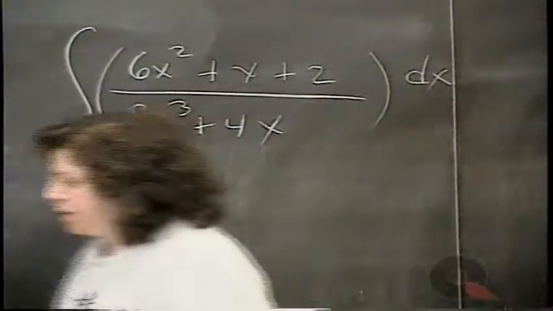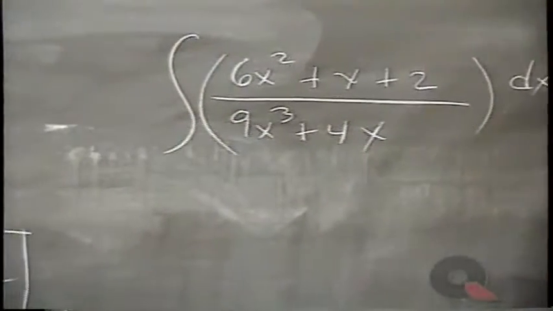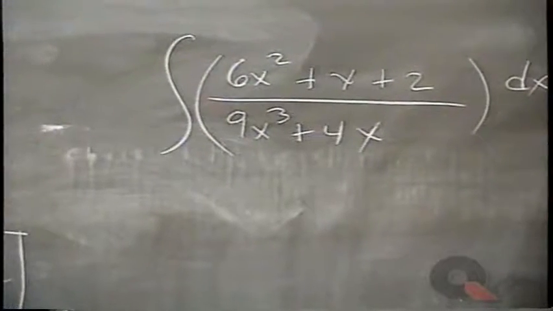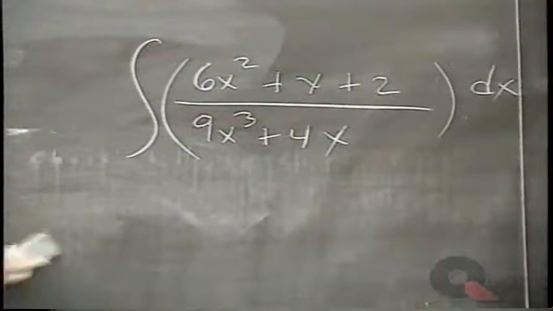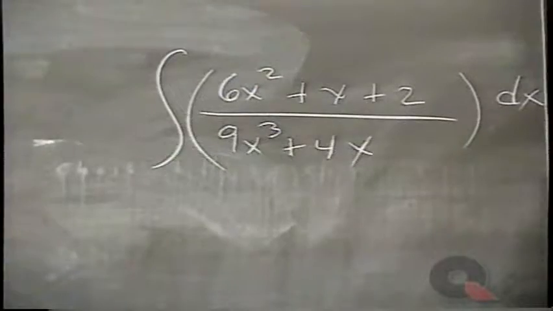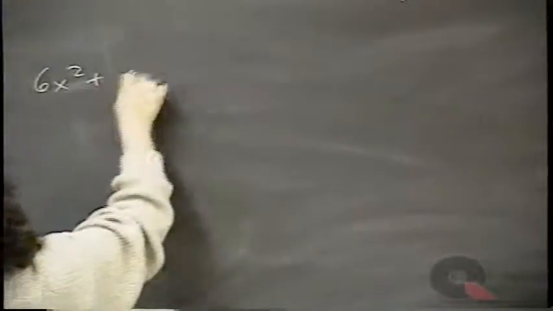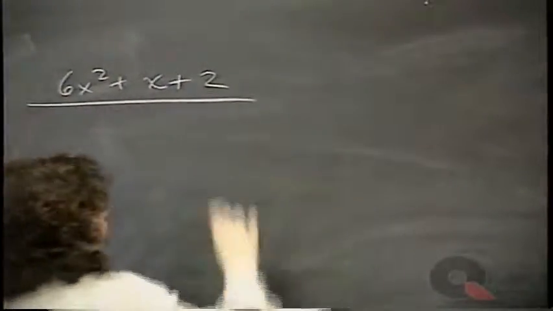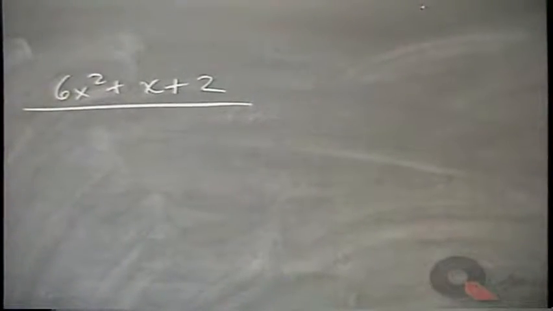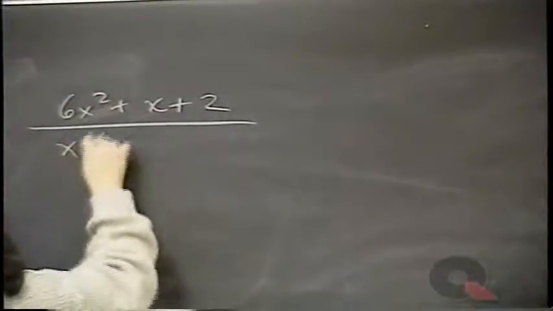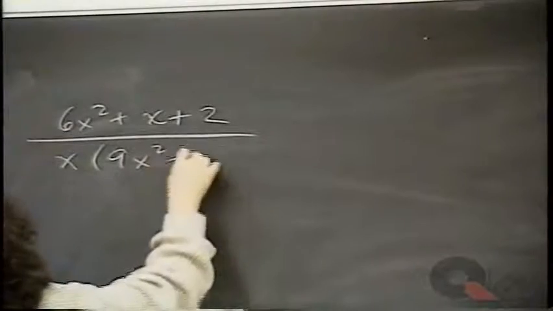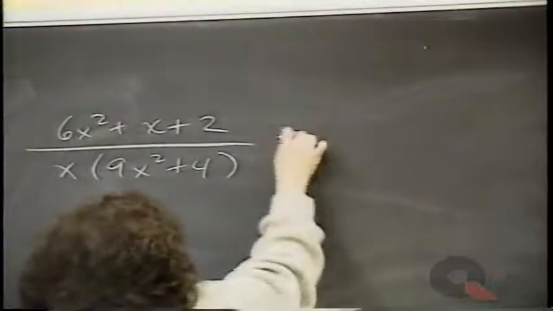Let's do the work over here, and we'll come back and fill it in later. So we have 6x squared plus x plus 2 over 9x cubed plus 4x, which we've already seen can be factored to x times 9x squared plus 4.